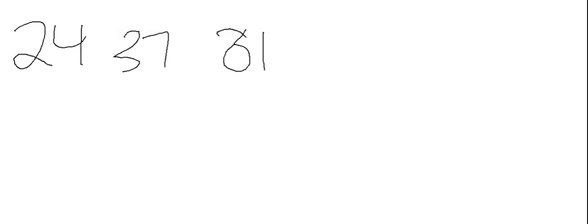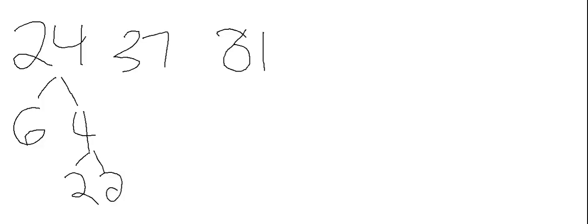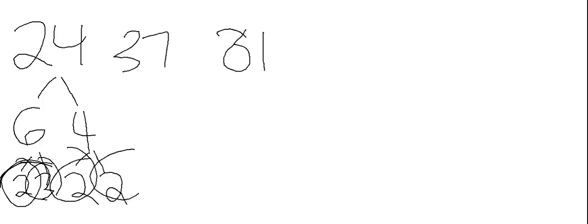Let's try something like 24, 37, and 81. This is going to be big. 24, 6 times 4. 4 is 2 times 2. 6, 2 times 3. Circle all those because they're all prime. 37, I believe, is prime.